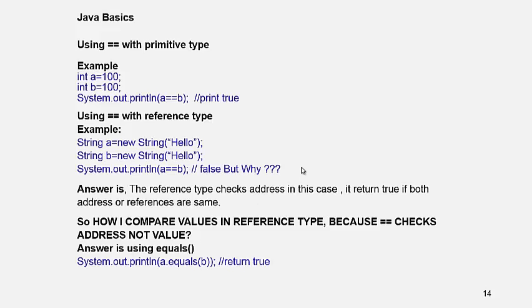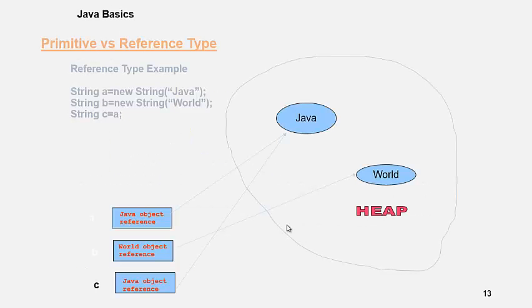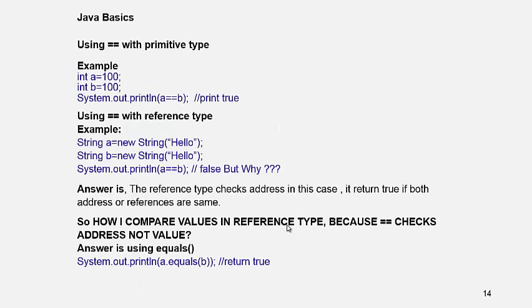The reference type checks the address, in this case that hash value. It returns true if both addresses or references are the same. Like in the previous example, if we compare c and a, it will give you true because both the references are the same. But here both the references are different, that's why it will give you false.